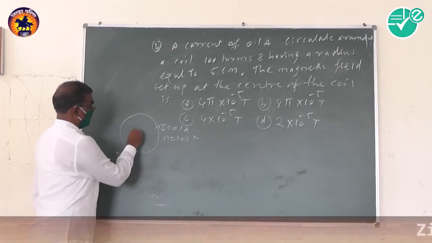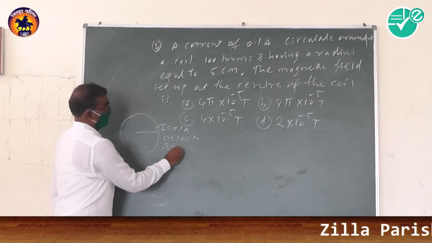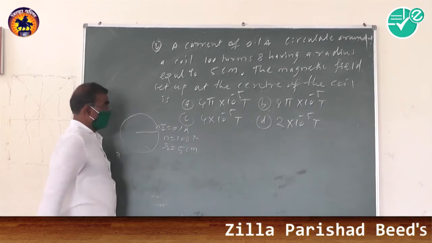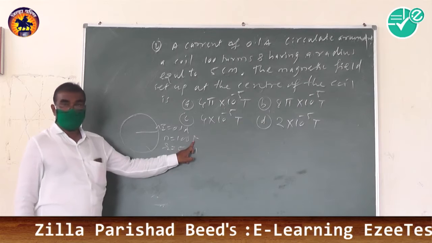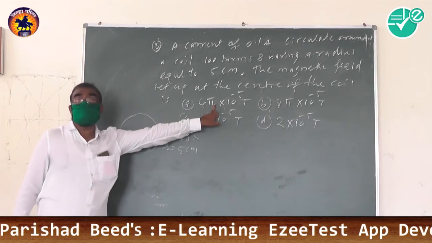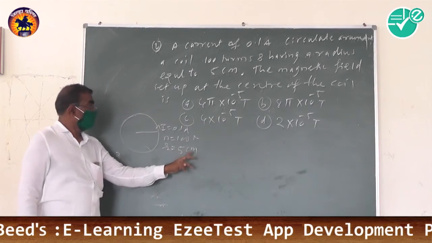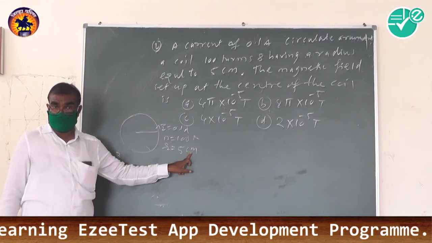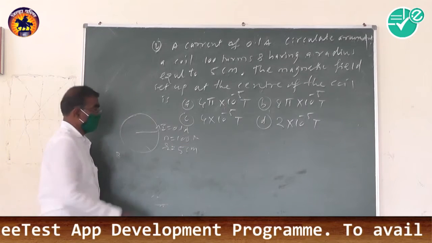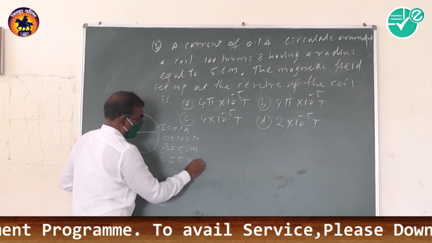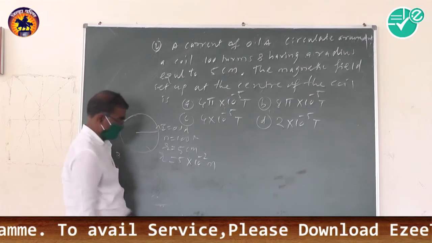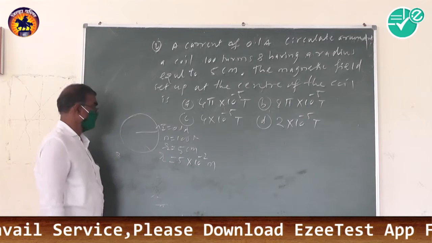And radius of that coil is 5 centimeter. We know that current, number of turns, and your answer is in SI system. So we have to convert the CGS centimeter into meter by multiplying by 10 raised to minus 2 meter.